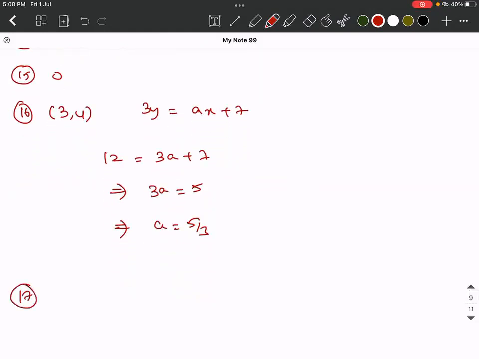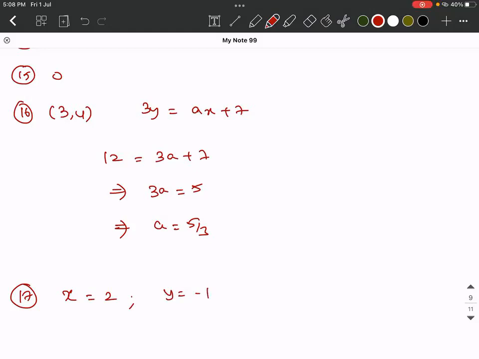17th. Then, the value of a, x is equal to 2, y is equal to -1.